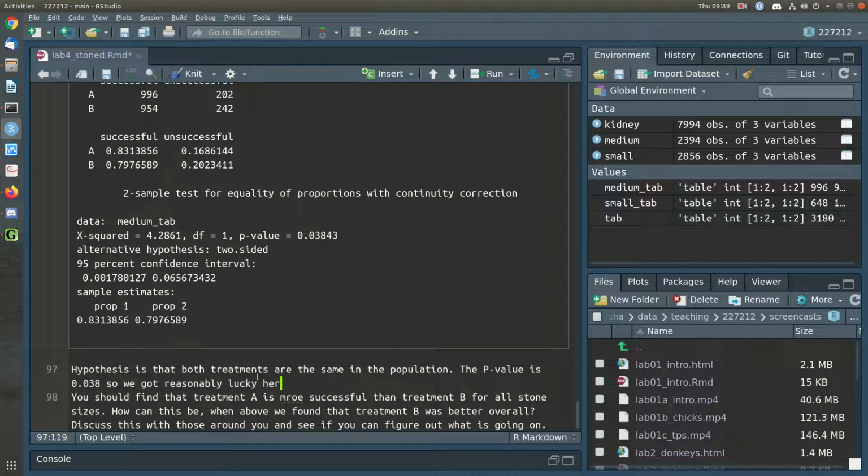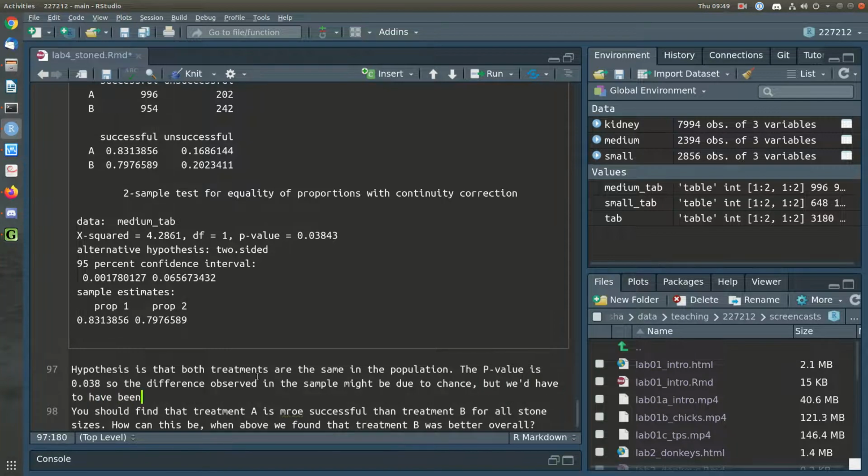The difference observed in the sample might be due to chance, but we'd have to have been reasonably lucky. So there's some evidence against the hypothesis.